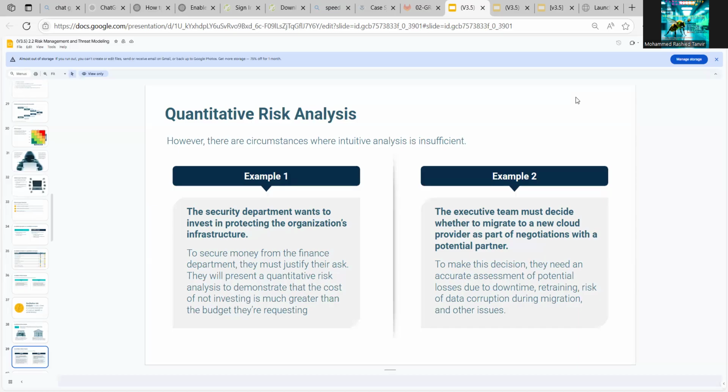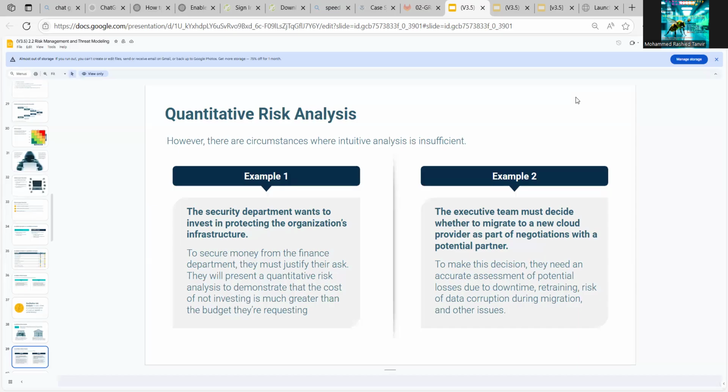Example 1: the security department wants to invest in protecting the organization's infrastructure. To secure money from the finance department, they must justify their ask. They will present a quantitative risk analysis to demonstrate that the cost of not investing is much greater than the budget they are requesting.